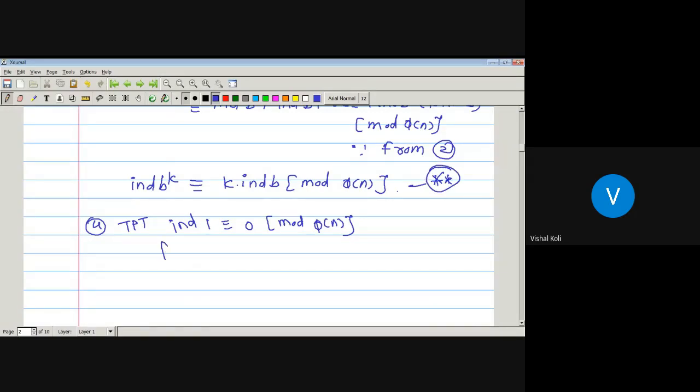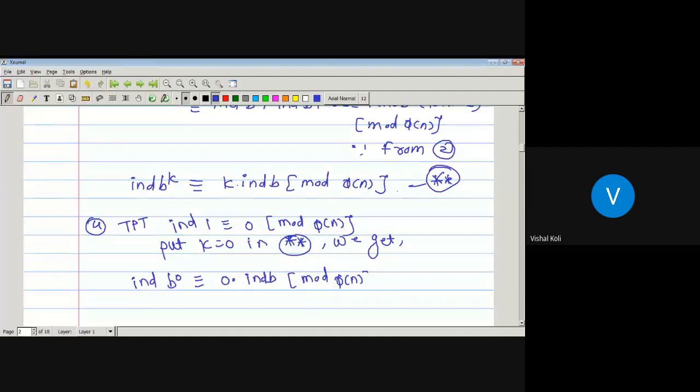Put k equal to 0 in double star, we get index of b to the power 0 is congruent to 0 into index of b modulo phi of n.